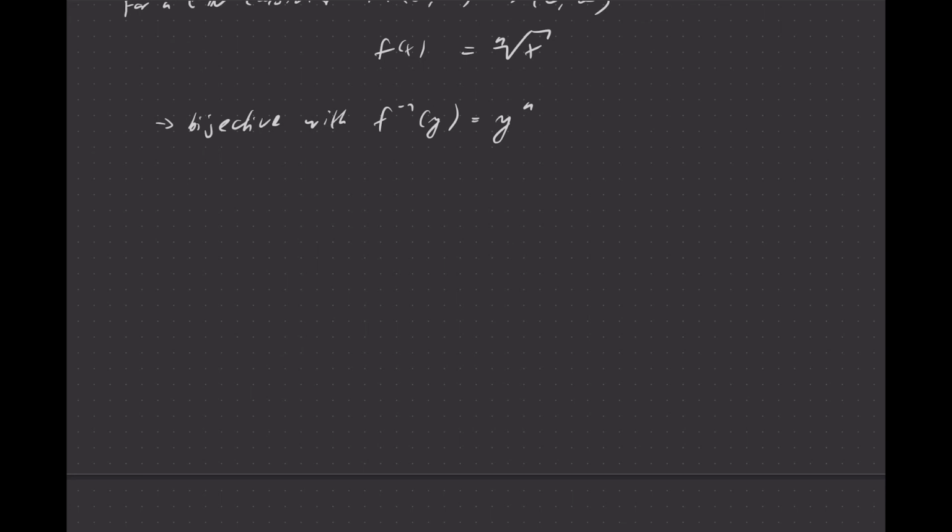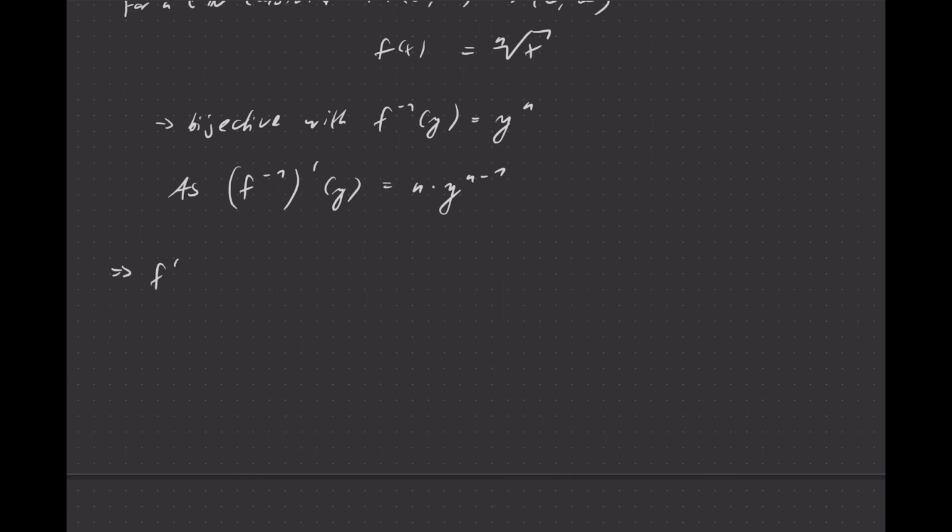We already know about the derivative of that function here. We've discussed monomials already. So what we can conclude is f to the minus 1 prime of y, well, that is n times y to the power of n minus 1.